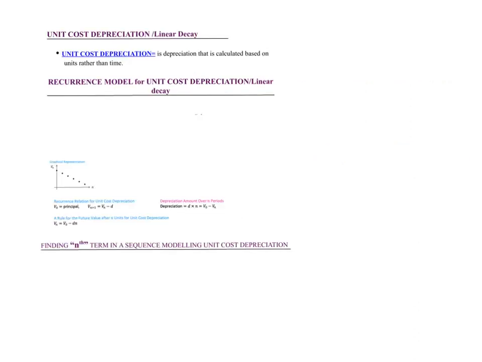Okay, so unit cost depreciation is still an arithmetic sequence. So still an arithmetic or linear sequence. And it's still dropping by the same amount, okay? But instead of the amount being calculated as a percentage, it's just an amount that has been decided.